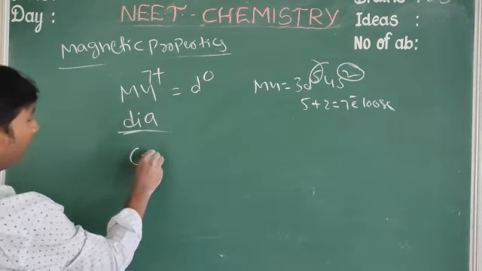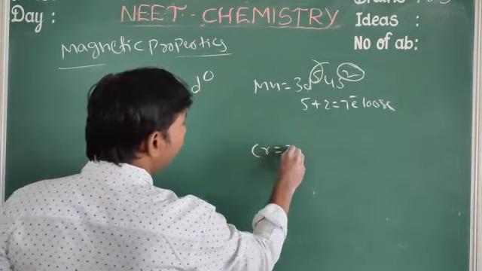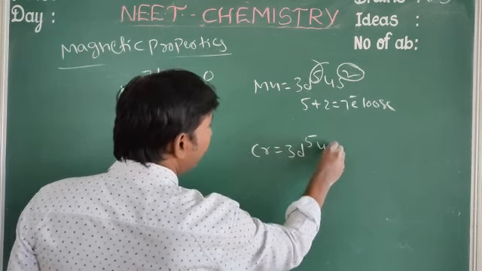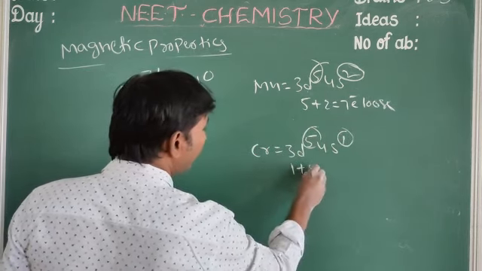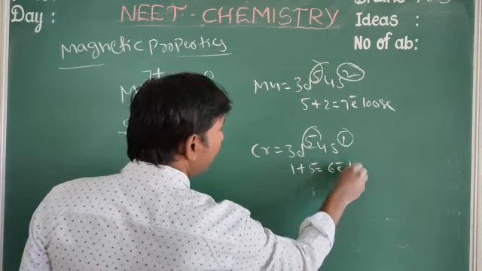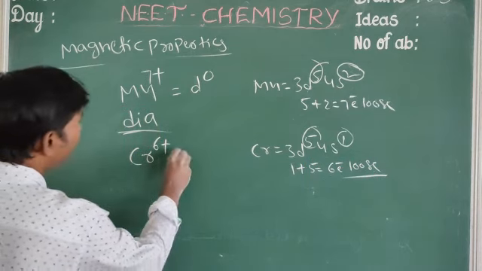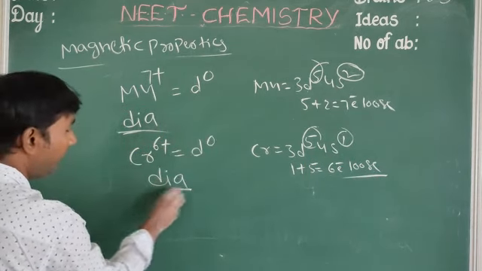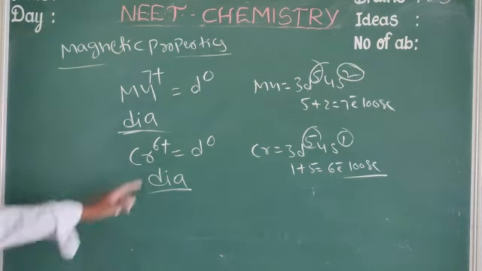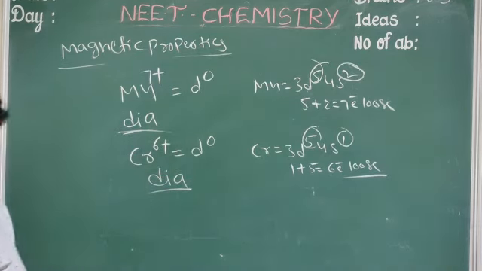Next, chromium 6+. Chromium configuration 3d5 4s1. Here 1 plus 5, total 6 electrons lost. That's why chromium 6+ equals d0. This is also diamagnetic, because already I explained d0 means diamagnetic.